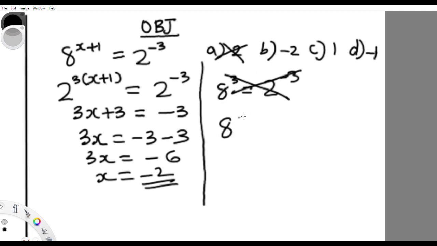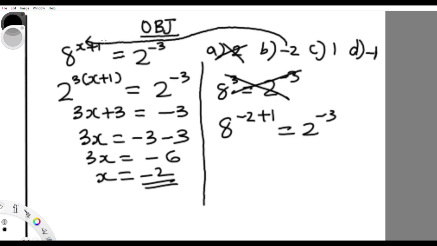8 raised to the power of minus 2 plus 1. And also, in order for you to be able to successfully apply this, you also have to be one who can calculate mentally. So if I were doing this in exam, I would have inputted this minus 2 here myself mentally, and that would have been minus 2 plus 1, which is minus 1. So straight up I would have just written 8 raised to the power minus 1.